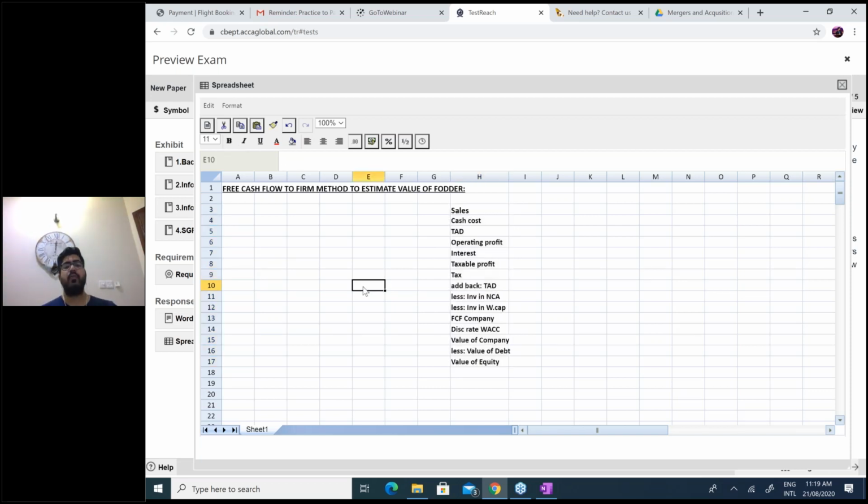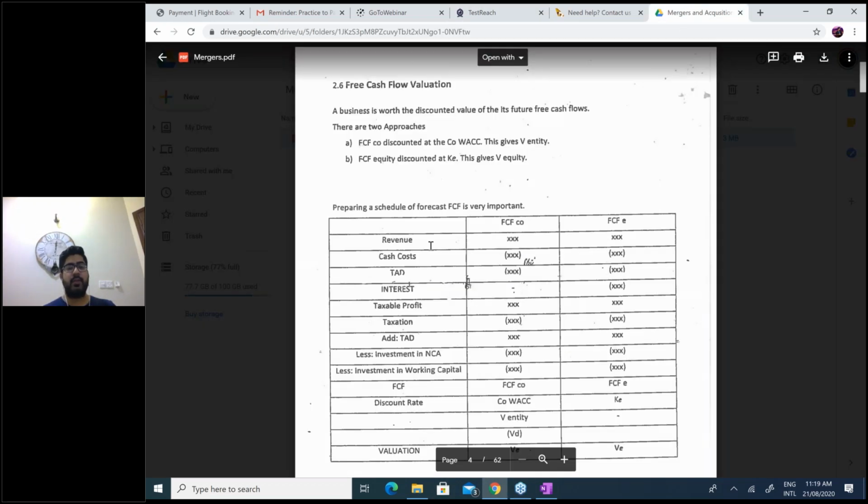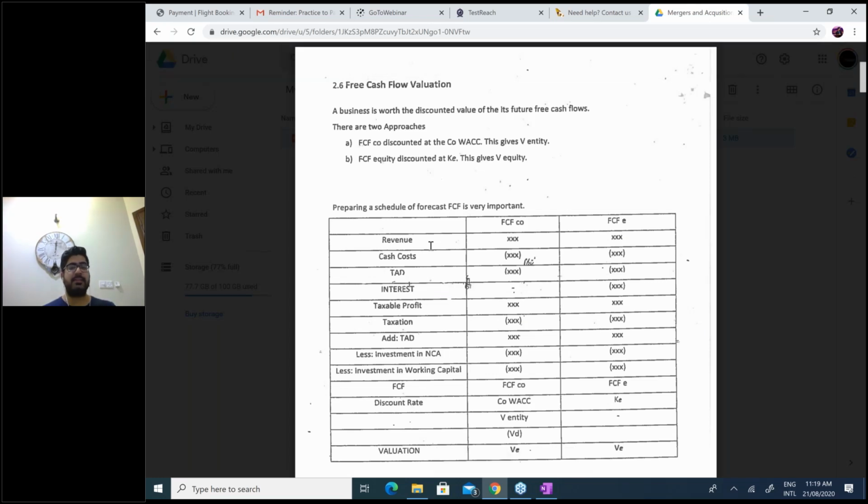So no matter whether you know the workings or not, the first important thing is to make the format. See, we had a format here. Revenue less cash cost, TAD, reach operating profit, then interest, taxable profit, then tax, add back TAD, less investment in NCA, and investment in working capital. We get FCF. Discount it back, we get value of entity, the company, deduct value of debt to get value of equity.